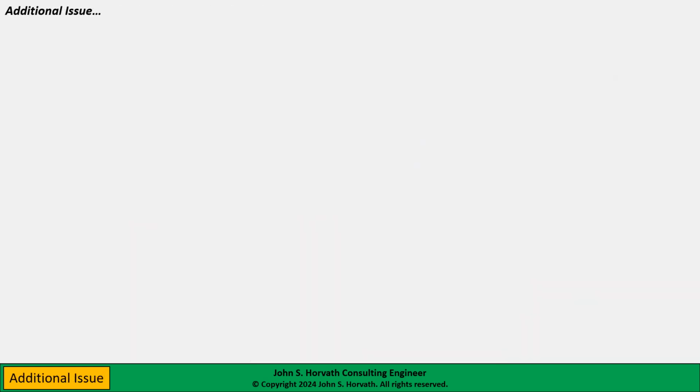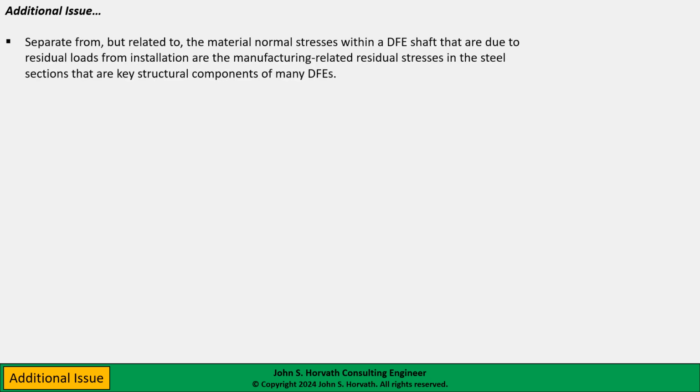Well, that concludes the main portion of what I wanted to talk about. There's just one additional issue I want to mention before I close out this presentation. And that is separate from but related to the material normal stresses within a DFE shaft that are due to residual loads from installation, or the manufacturing residual stresses in the steel sections that are key structural components of many DFEs.